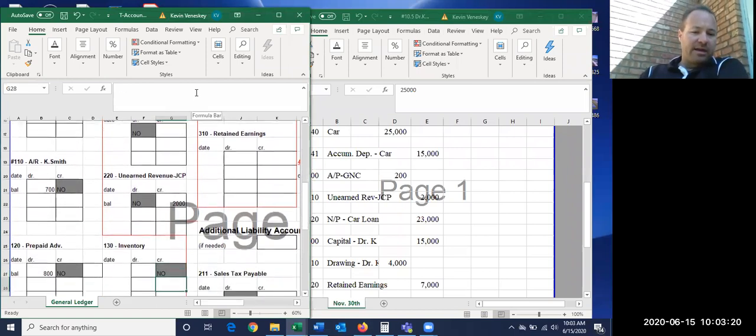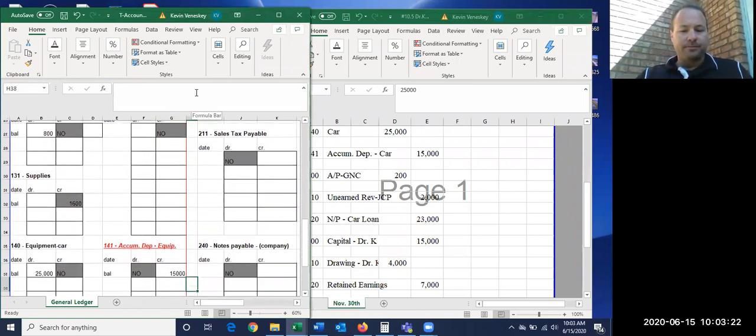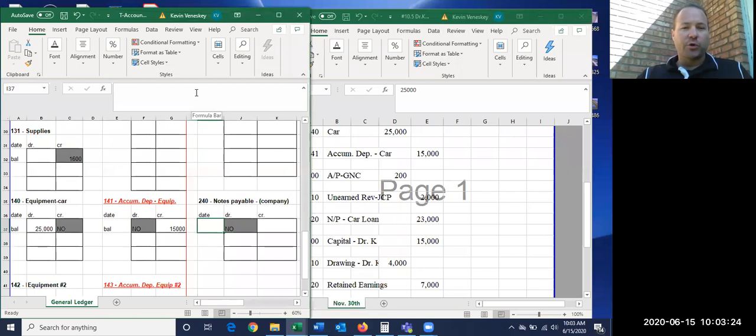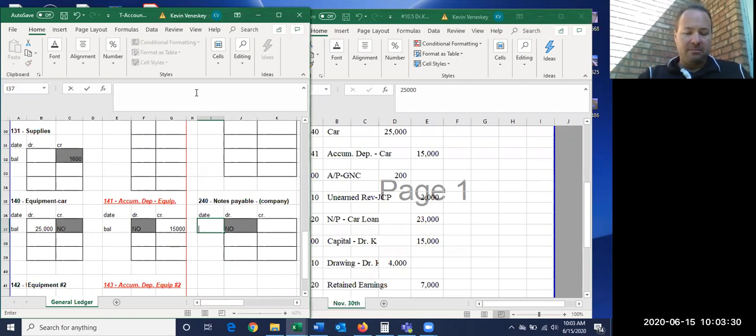And then we have an account we haven't used yet, a note payable. That simply means that it's a long-term payable and that I'm going to be paying it off over many months, probably years. And that is at $23,000. That was to purchase the car.